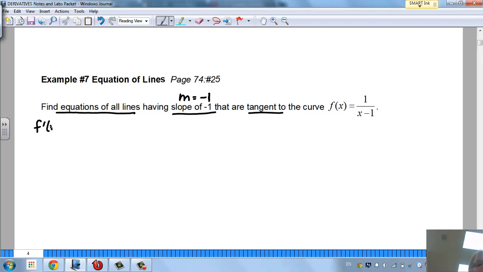So we have f prime of x is the limit as h approaches 0 of f of x plus h minus f of x all over h.